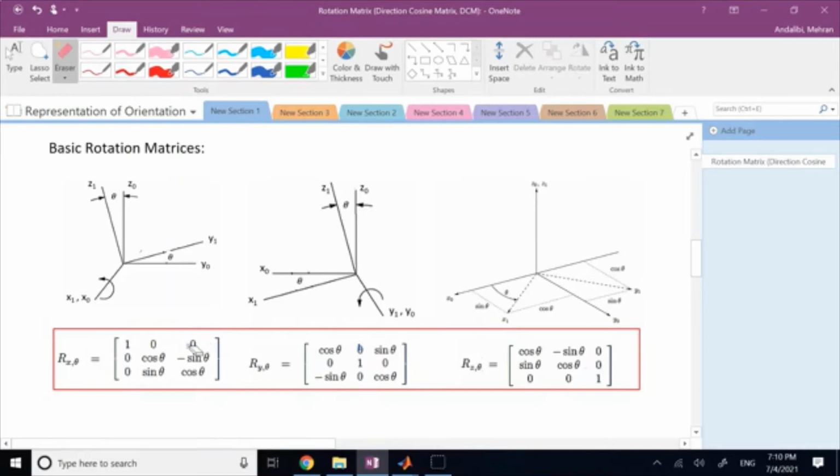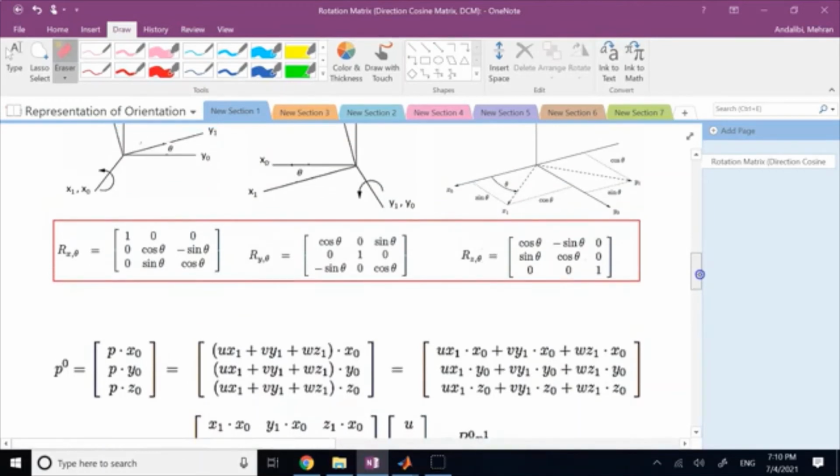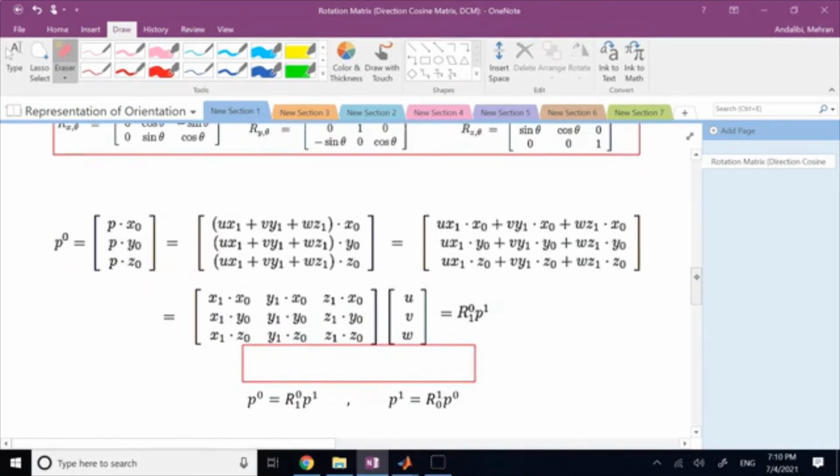And they're very important, and we can combine them, as I'll tell you in a second. But these are some of the fundamental matrices. Now, let's talk about some other applications of this very big, important rotation matrix.